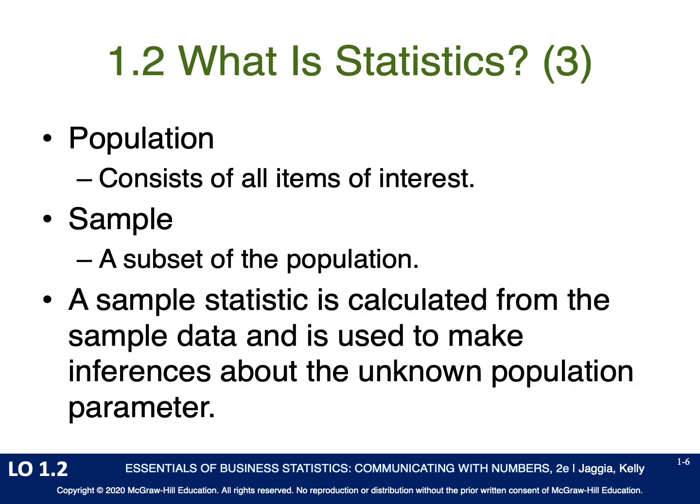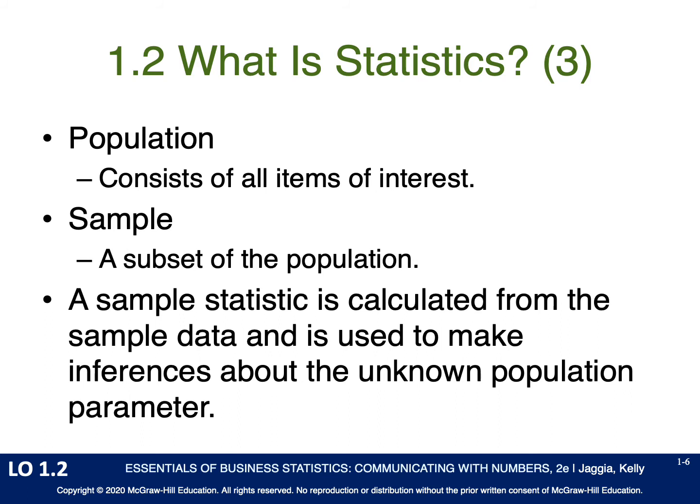A population is all of the items of interest. Looking back at the ski resort data, the population would be every tween in the United States, every tween in the world, every tween that goes to a ski resort. A sample is just a small subset of that.